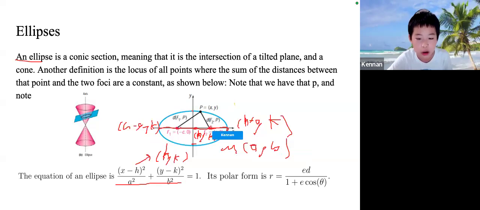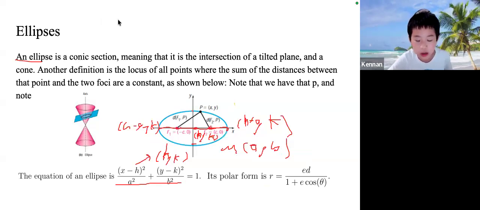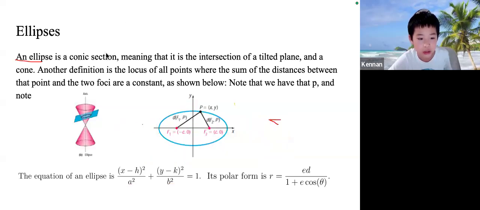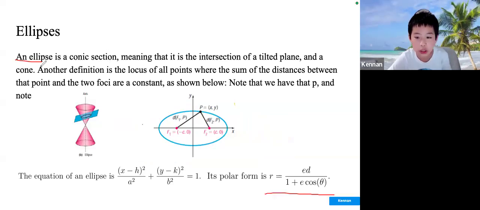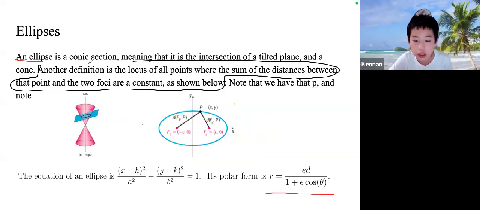And then also consider its polar form. Let me erase this first. Its polar form is r equals (something) divided by 1 plus e cosine theta.